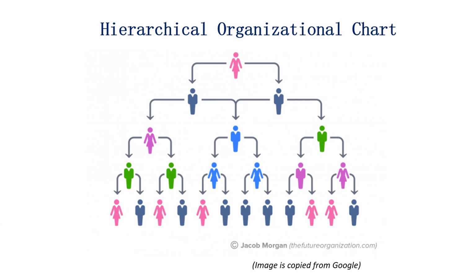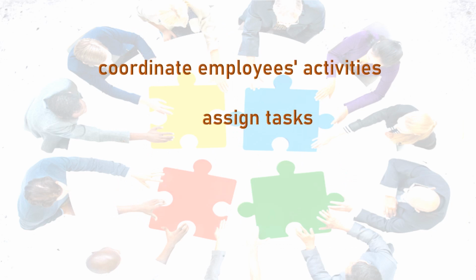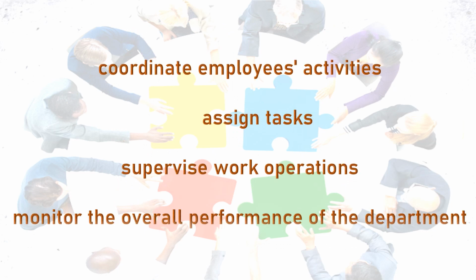Most hotels use a hierarchical organizational structure with predefined roles and departments. Each specific department is run by medium and low-level managers. They coordinate employees' activities, assign tasks, supervise work operations, and monitor the overall performance of the department they are responsible for.